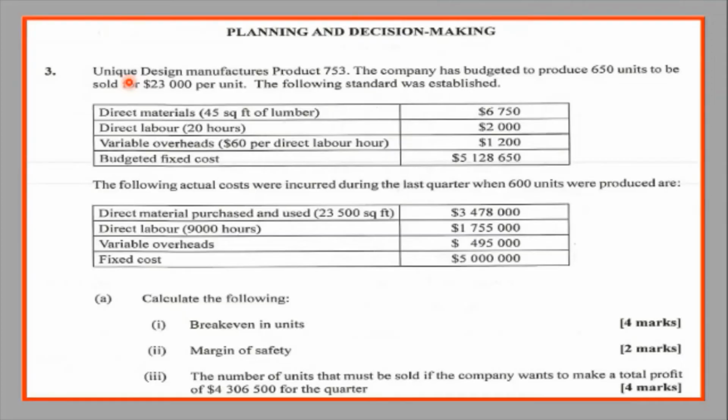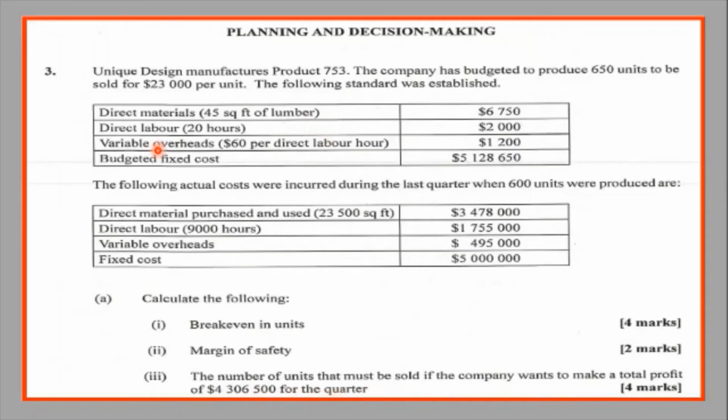We have here some data. Some of it is budgeted and some of it is the actual cost. And we are asked to calculate the following: break-even in units, margin of safety, and the number of units that must be sold if the company wants to make a total profit of 4,306,500 for the quarter.